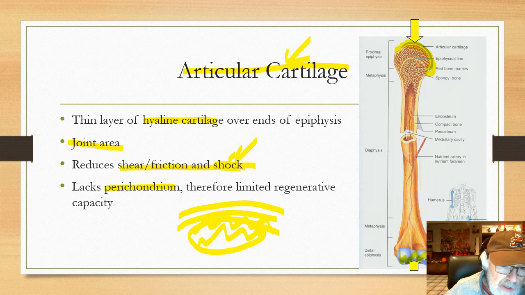You wear away a little bit and a little bit more, and eventually the cartilage becomes thinner and thinner. Because there's nothing that actually forms new cartilage, like a perichondrium, there's limited regenerative capacity. So in other words, once that cartilage is gone, guess what? Say goodbye, bye-bye, it's not coming back.